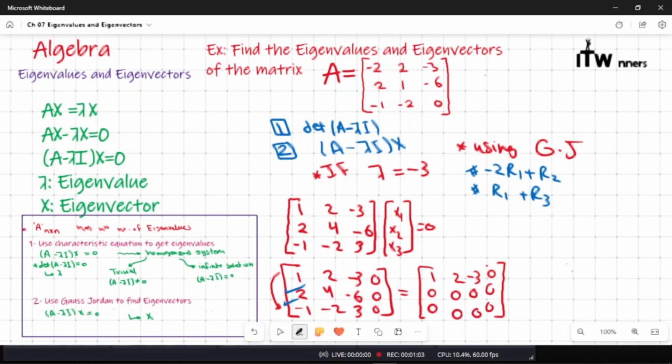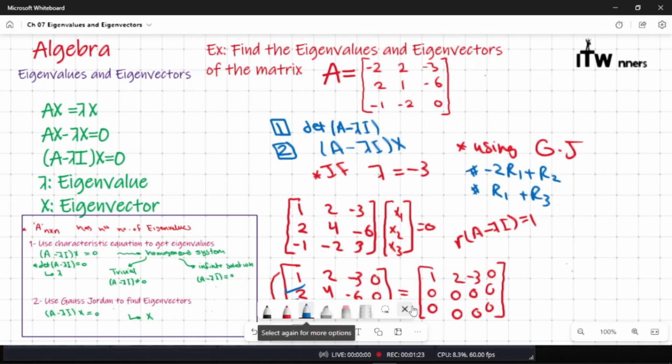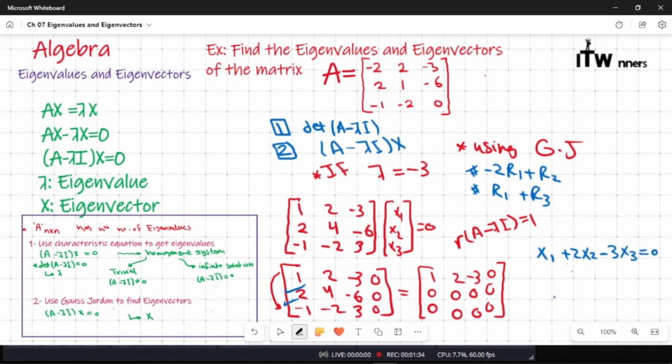Okay. So the rank of this matrix is equal to 1. Okay. Number of non-zero rows. Okay. So here we have x1 plus 2x2 minus 3x3 equal to 0.